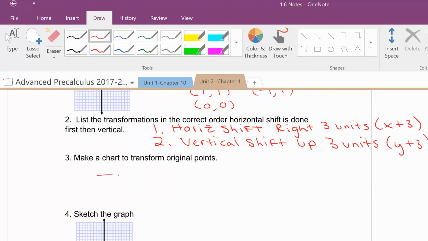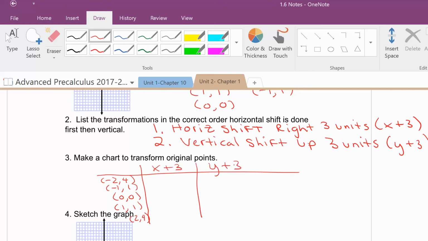So we're going to make a chart, kind of like we did in number 1. We're listing the original points: 0, 0, 1, 1, 2, 4, and so on. And then our chart is x plus 3 and y plus 3. Adding 3 to the x, negative 2 plus 3 is 1. And then adding 3 to the y gives me 1, 7.